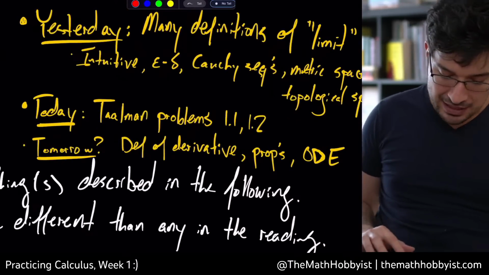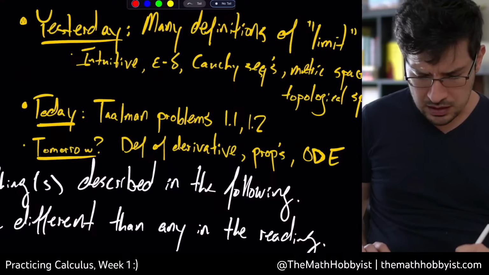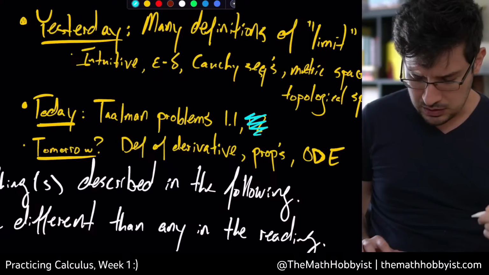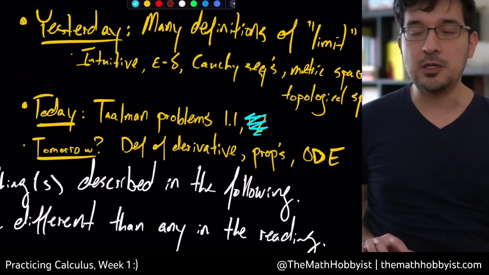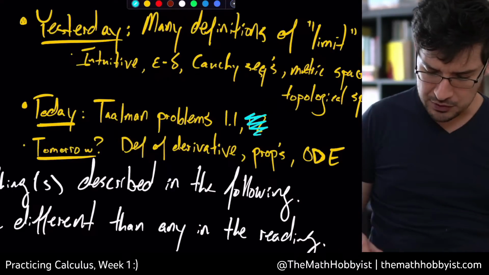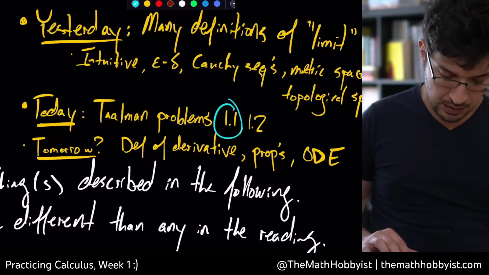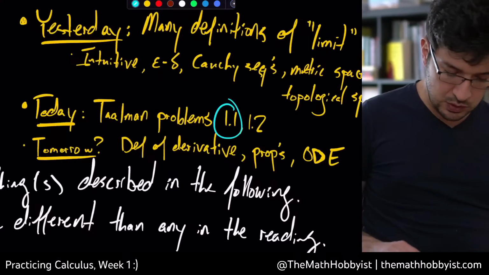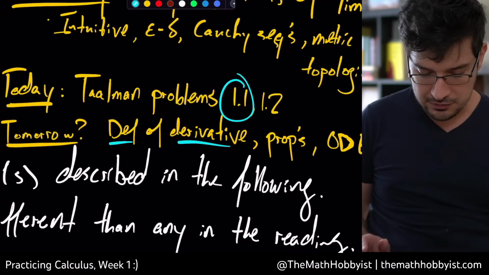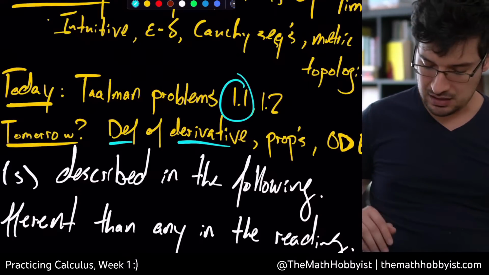But today we're going to be back to problems. I wrote down 1.1 and 1.2. I think we will do 1.2, which is the formal definition of a limit problems, tomorrow or in the future. We're mostly going to be doing several from 1.1. And then soon, maybe tomorrow, hopefully we'll be getting to the definition of the derivative, which really just depends on the definition of a limit.